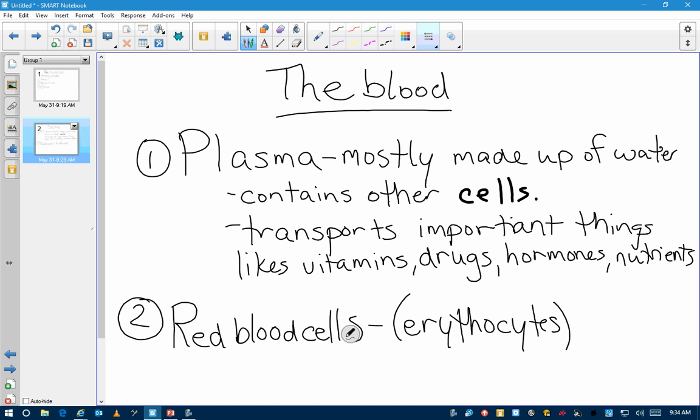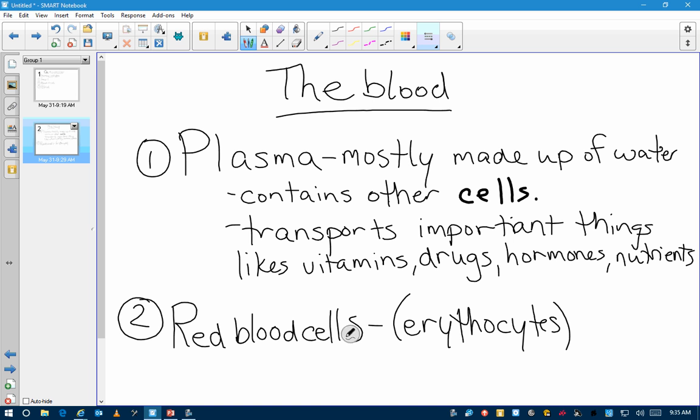Sometimes that's all somebody needs, and you can see why plasma would be important in that it's transporting everything. Even your other blood cells aren't going to be working properly if there's not enough plasma. And sometimes if you're low in red blood cells, then you would see a typical blood transfusion with the red bag of blood hanging up.